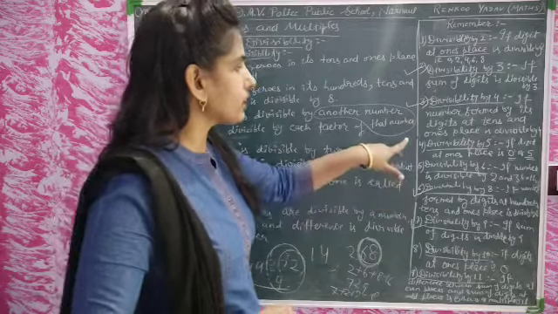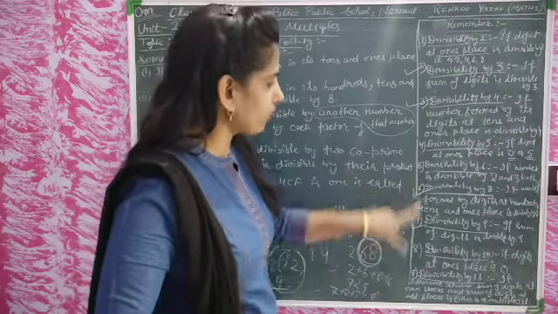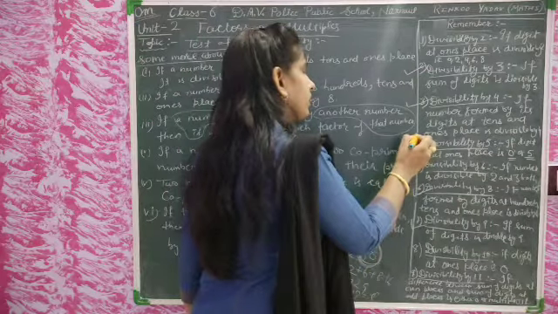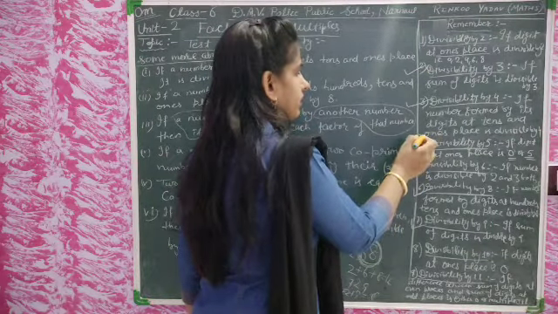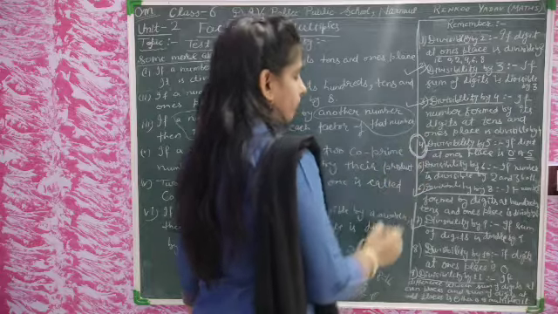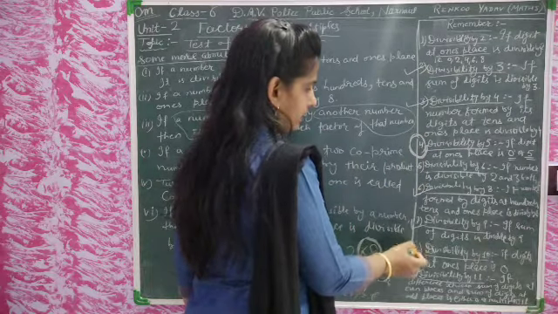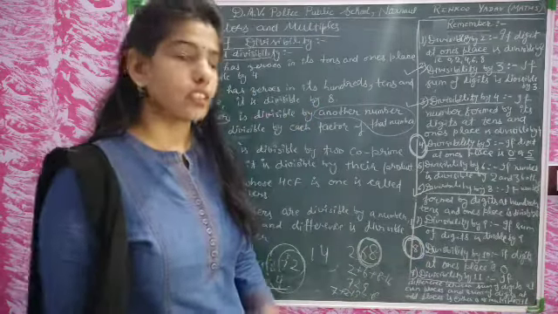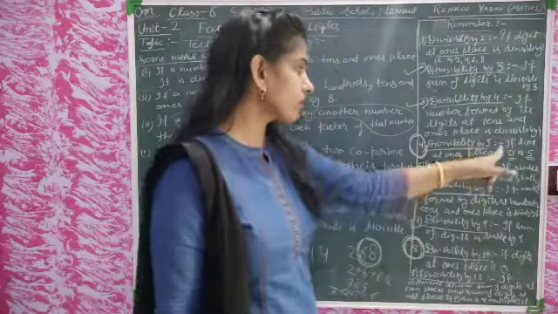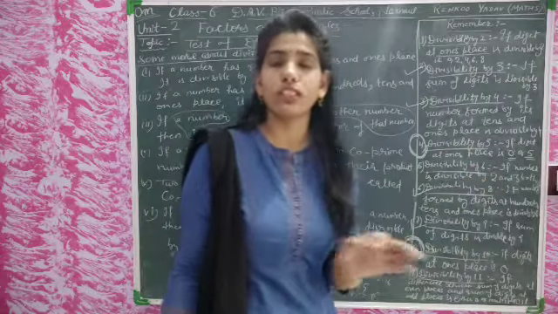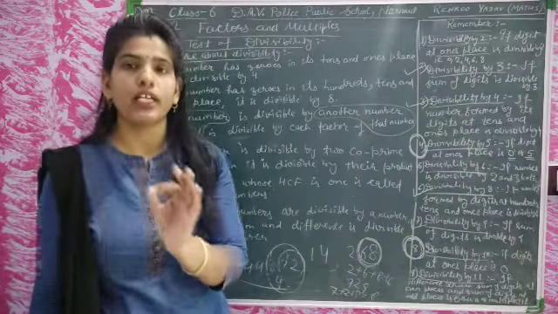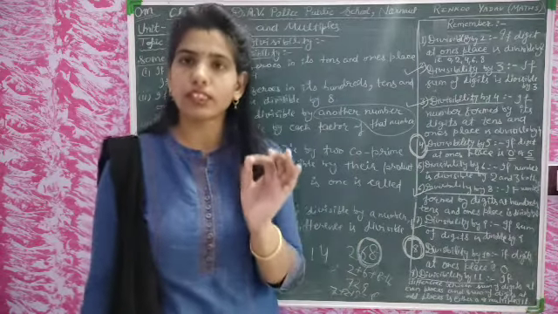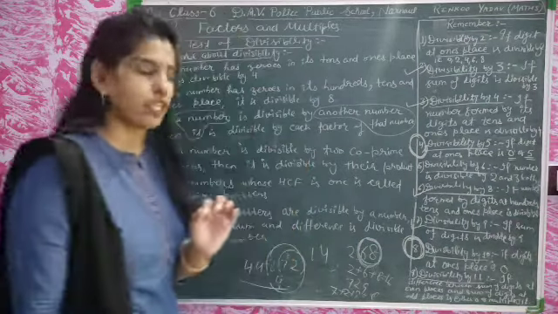Now students, we are seeing divisibility by 5 and 10. If the digit at the ones place is 0 or 5, then the number is divisible by 5.